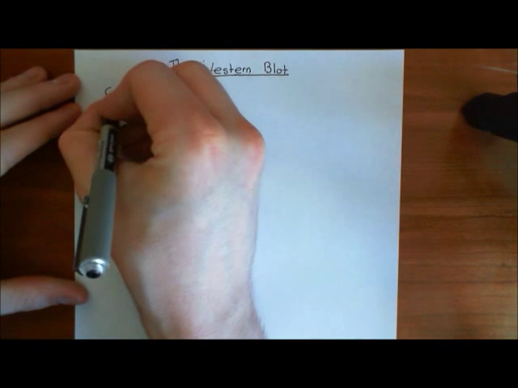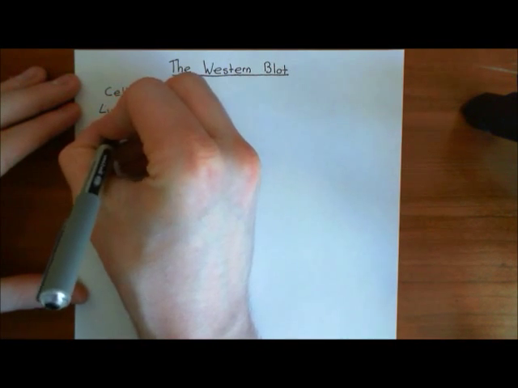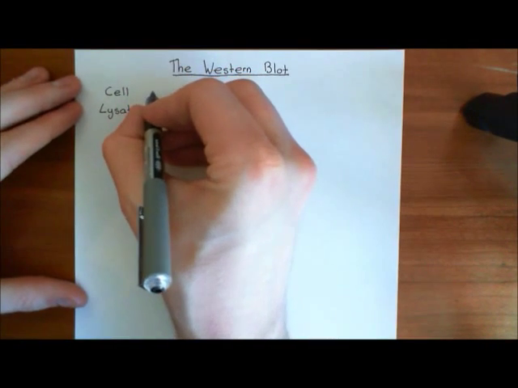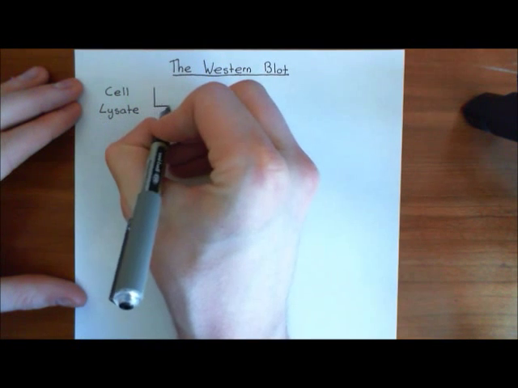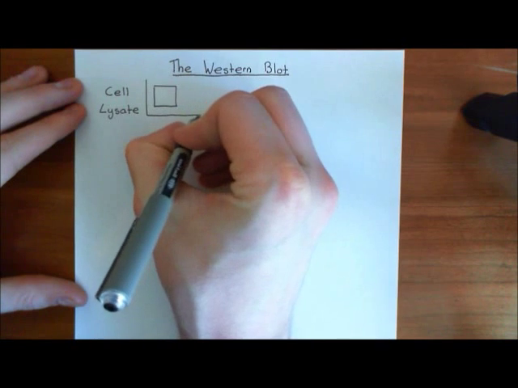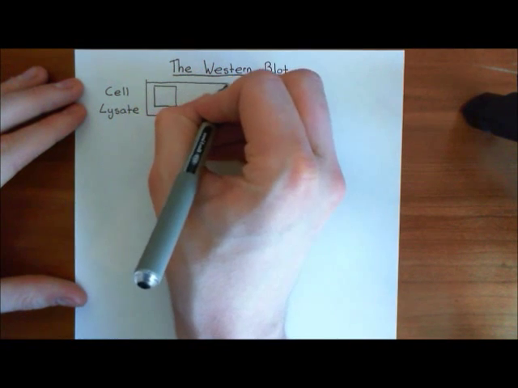So maybe we start off with a cell lysate or some other solution that contains a huge number of different proteins. Okay, so to illustrate this point, let's have several different proteins within our solution. So we'll have our beaker here, like so, and it will have many different types of protein.